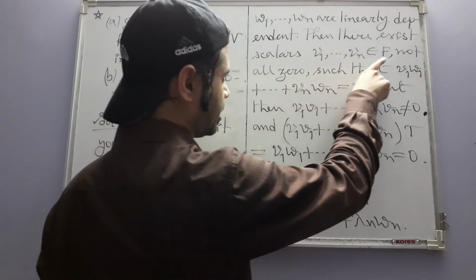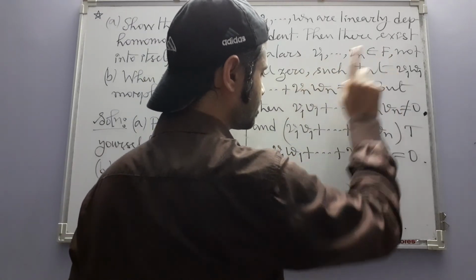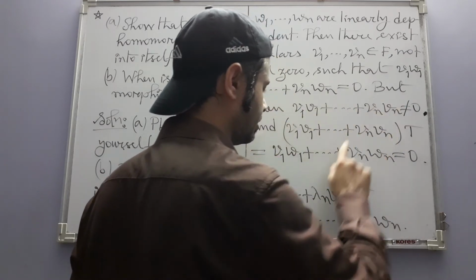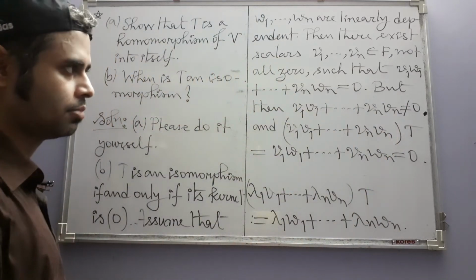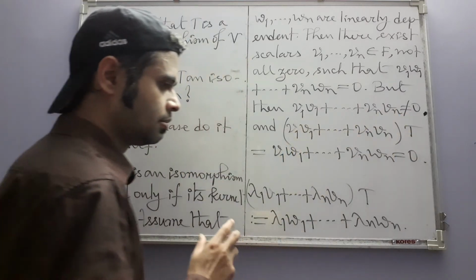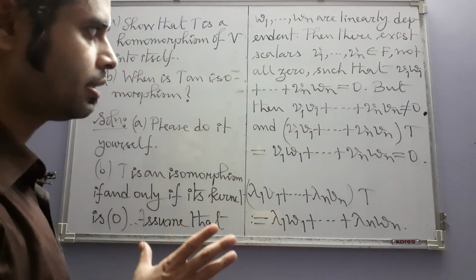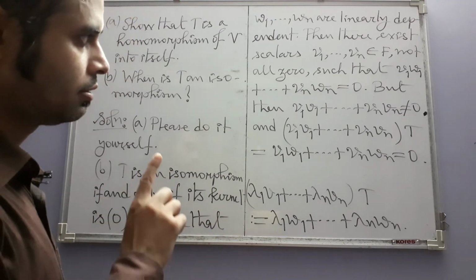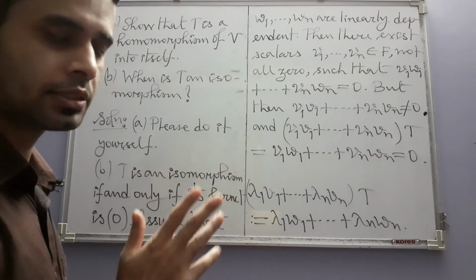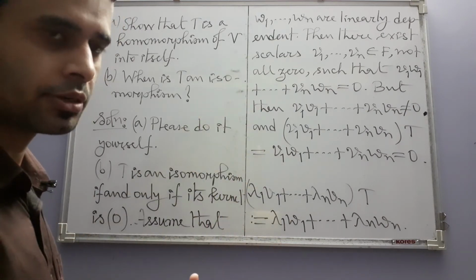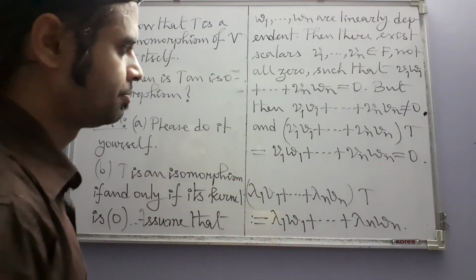Now the fact that not all nu i's are 0 makes this linear combination of the vi's a non-trivial linear combination. Linear independence of the vi's implies that only the trivial linear combination of them can become 0, where all the scalars are 0. Here, however, at least one nu i is non-zero, so this cannot be 0.